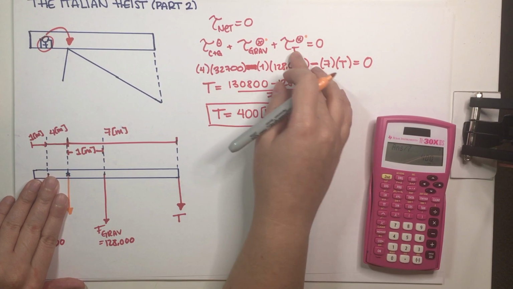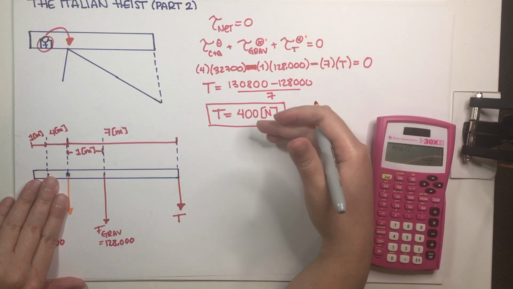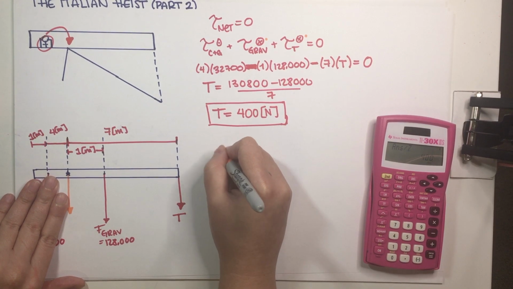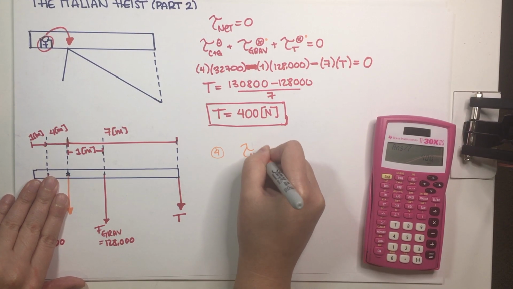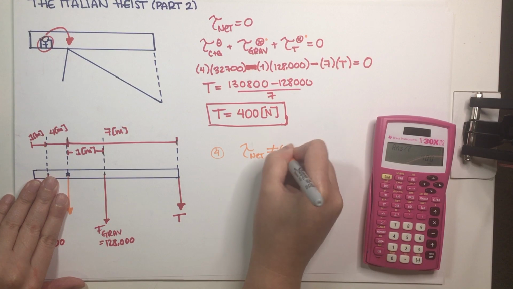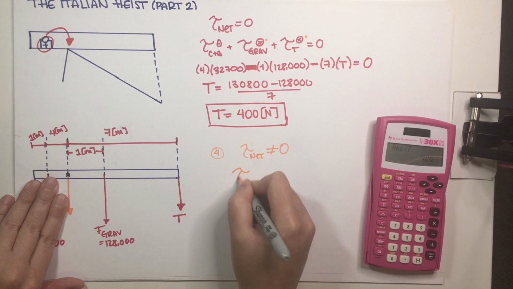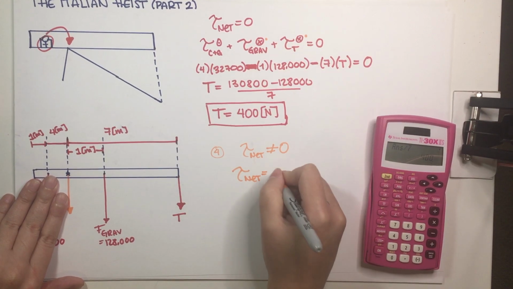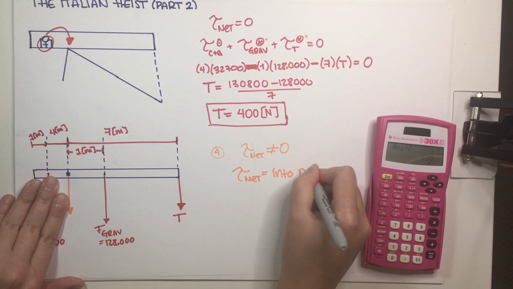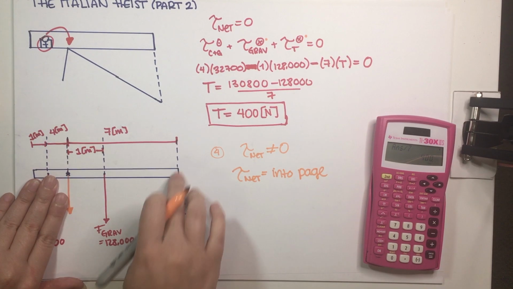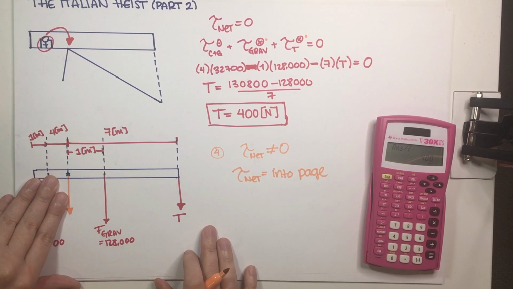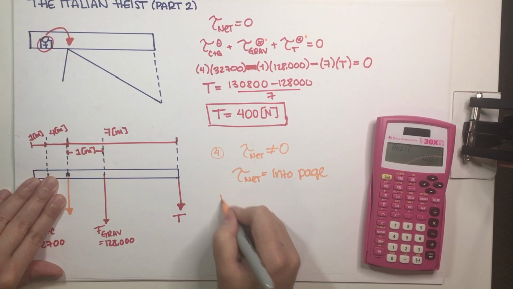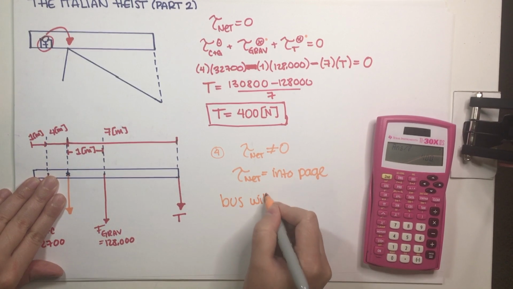Because 2 vectors going in the same direction can't add up to 0, on part 4 the net torque is not going to be equal to 0. In fact, the net torque is going to be pointing into the page. Because this system has an unbalanced torque going into the page, the bus will start rotating.